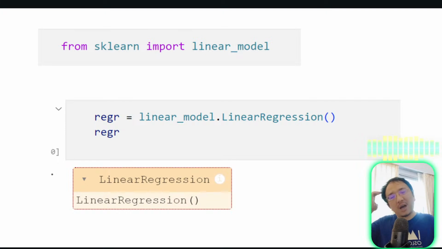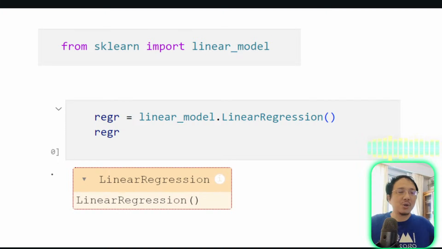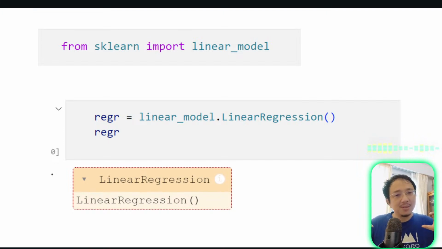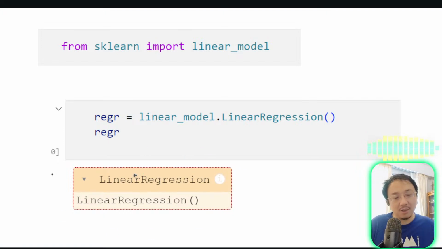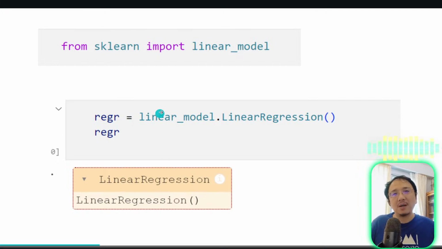First, we construct an object. We're not just calling a function. We're constructing an object that is considered to be the model itself, and it can do certain things. So it is a linear regression object, a regressor. That's the first thing, not too difficult.